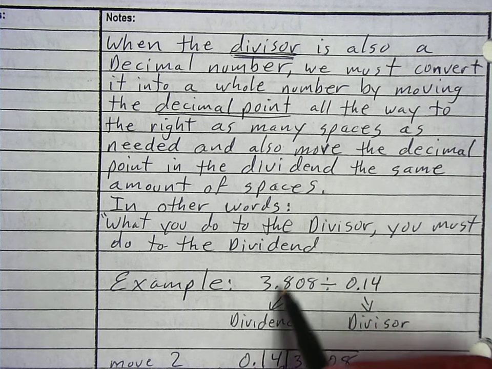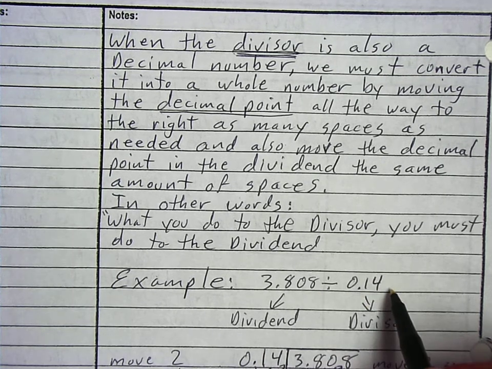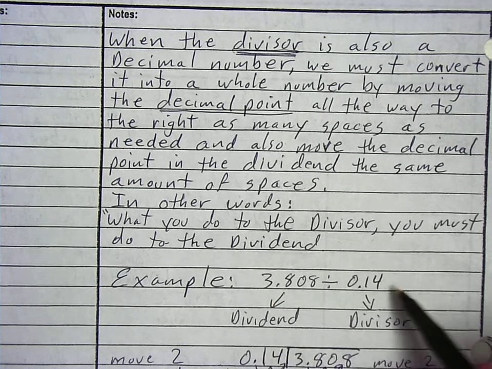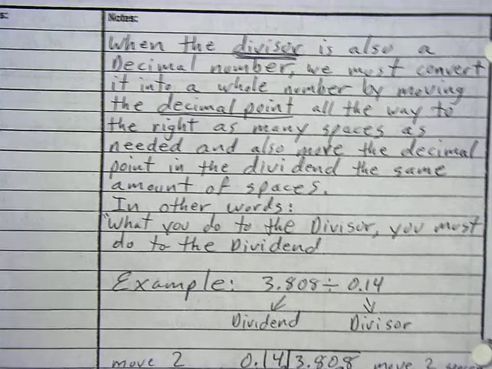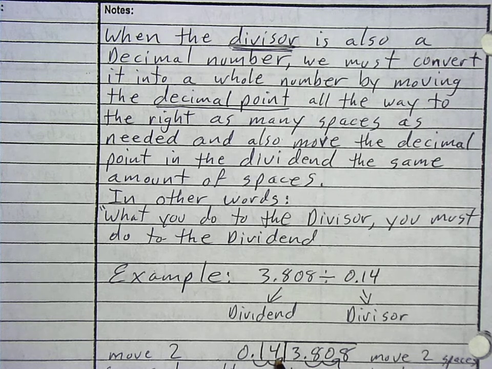Example, here I have 3 and 808 thousandths divided by 14 hundredths. In this format, you need to understand that this number is your dividend and this number is your divisor. So when you rewrite it, the 3 and 808 thousandths goes inside and the 14 hundredths goes outside because that's your divisor.